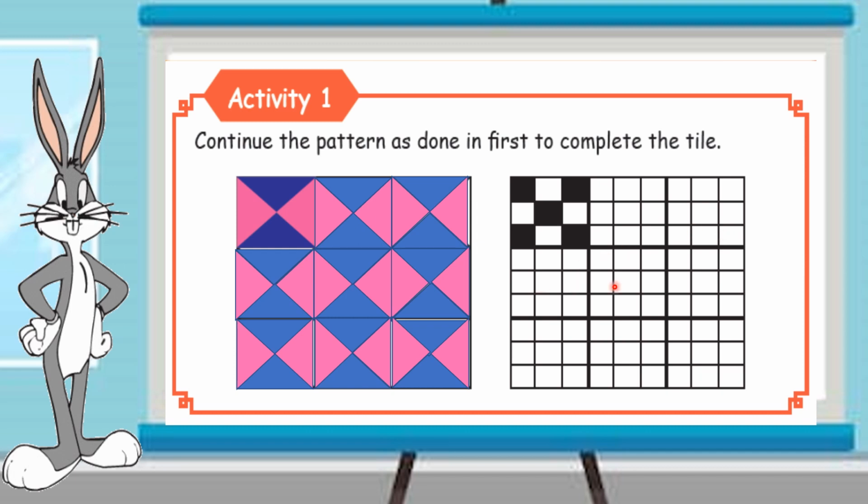Likewise fourth, fifth, sixth, 7, 8 and 9. Look at the first square. In this also we have 9 squares inside. 1, 2, 3, 4, 5, 6, 7, 8, 9. Am I right? So this is the hint for you.